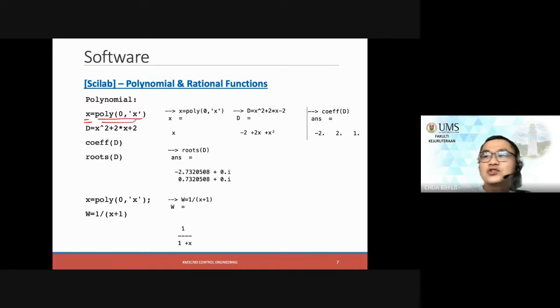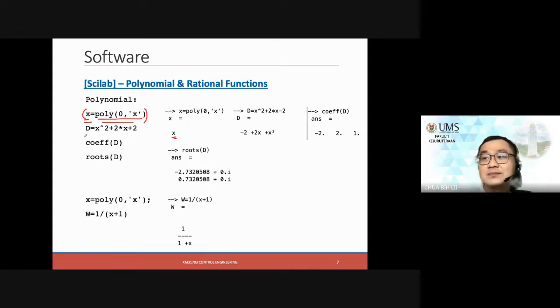You type poly bracket 0 with the symbol x. Meaning they will know that the x you put is an x, not a number, or otherwise they will always ask you for a number and say error, it's not a number. The second thing, after you type this one, now they know x is not a number, but an x.